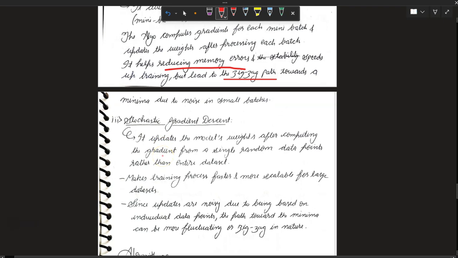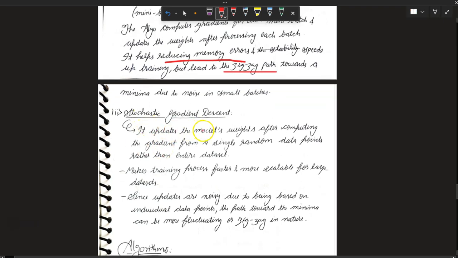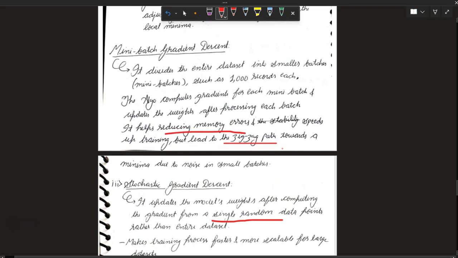Third one is stochastic gradient descent. It updates the model's weight after computing the gradient from a single random data point rather than the entire data set. It will not look at the entire data set, which the other two are doing.